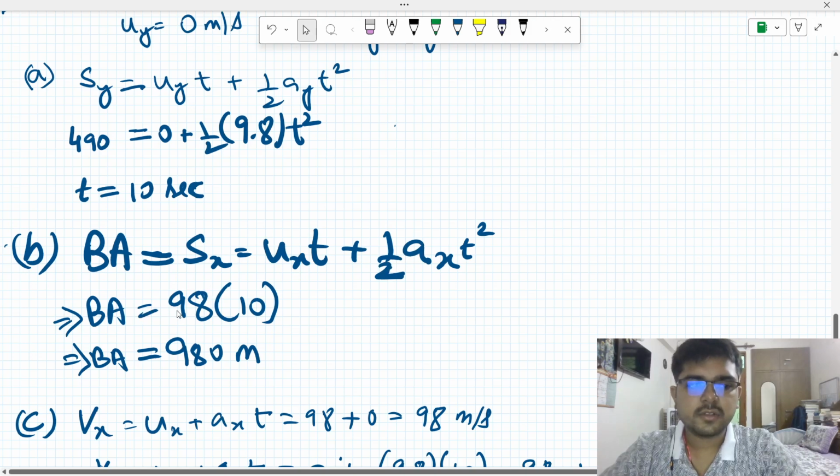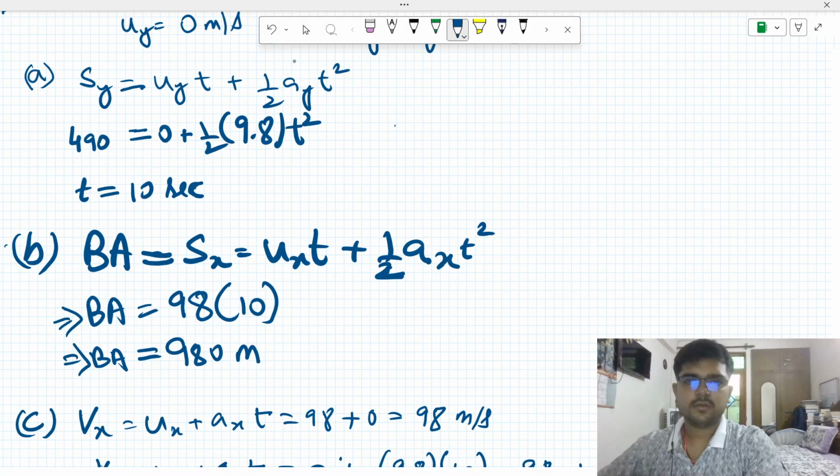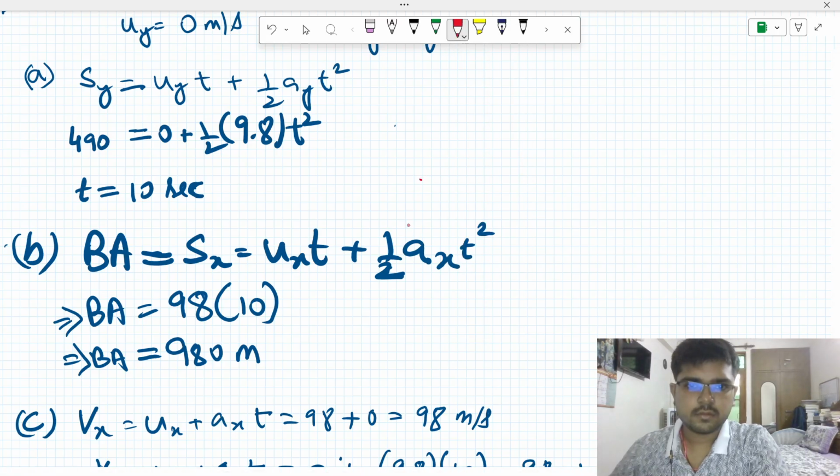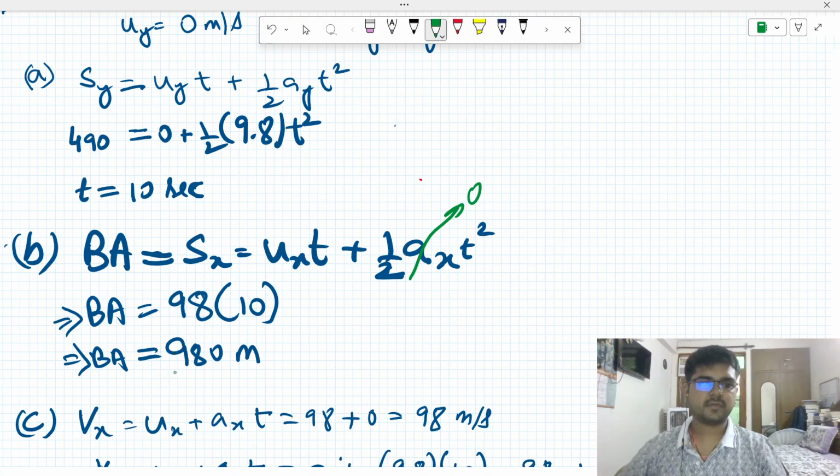So BA is equal to 98 into 10. This ax becomes 0, so we are left with uxt, 98 times 10, 980 meters.